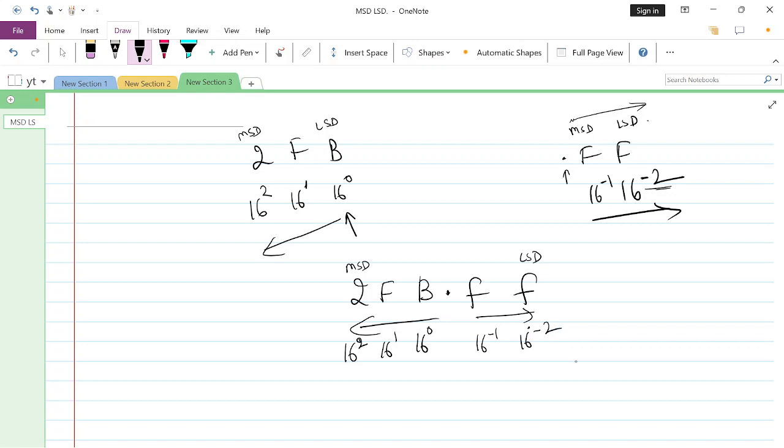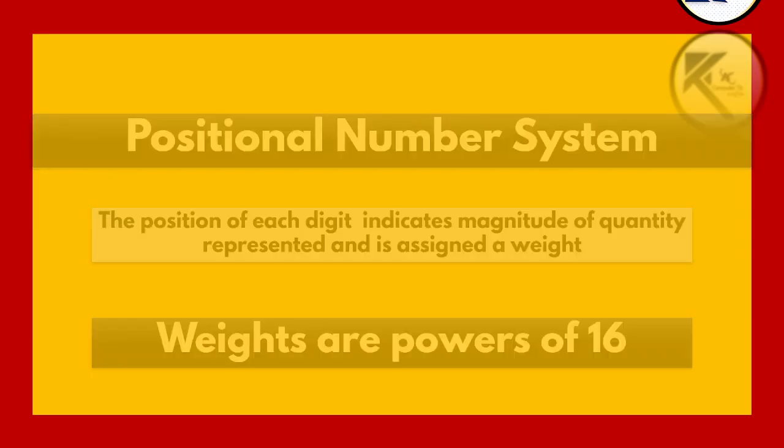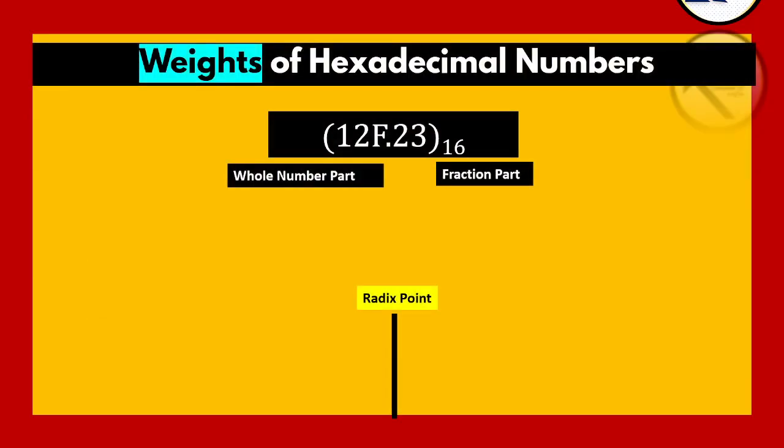Now, this is your radix point. If you read the numbers from this point onward, you will see -2, -1, 0, 1, 2. What is happening? Our powers are increasing as we move towards the most significant digit. So you can just have a look at it.